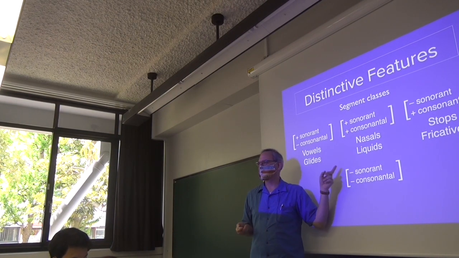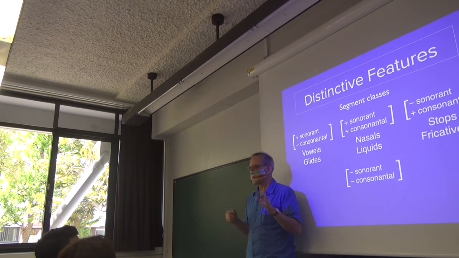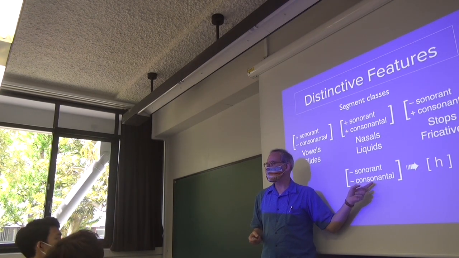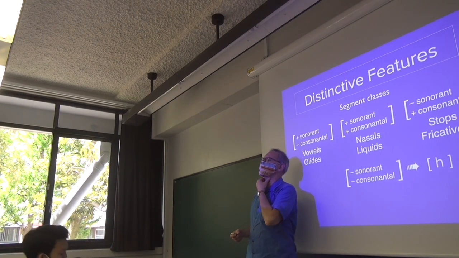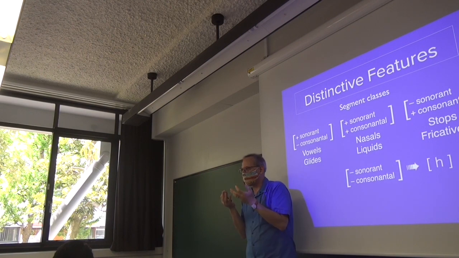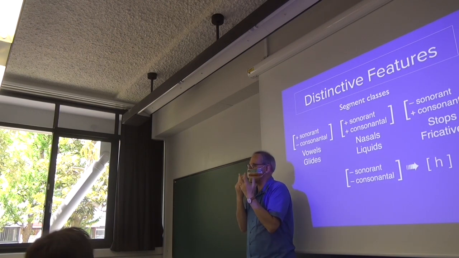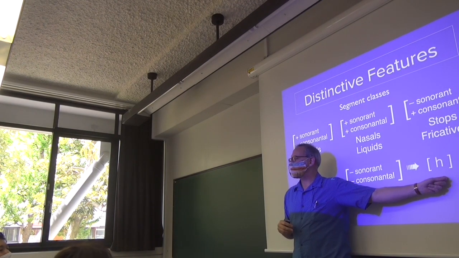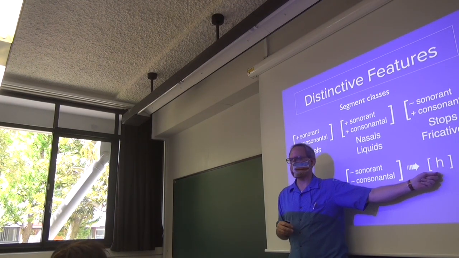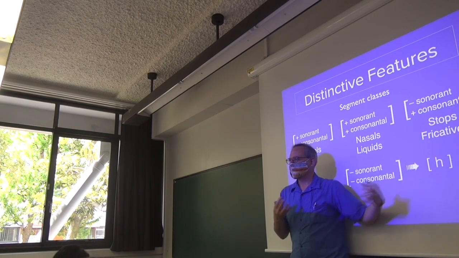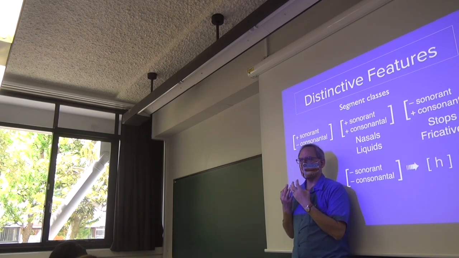It's a segment that is neither sonorant nor consonantal, and that segment would be the sound made in the throat. There's no change in the shape of the mouth. In fact, there's great variation in how this sound actually gets pronounced because we shape the mouth.